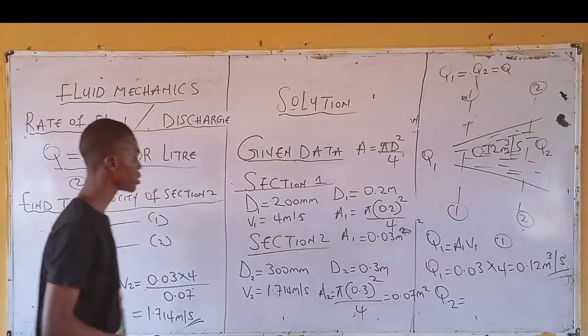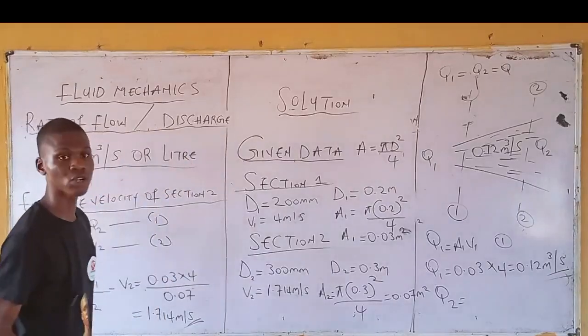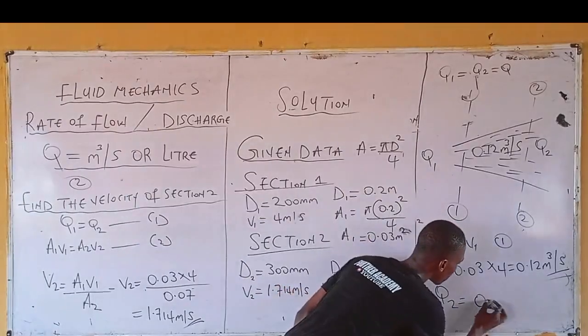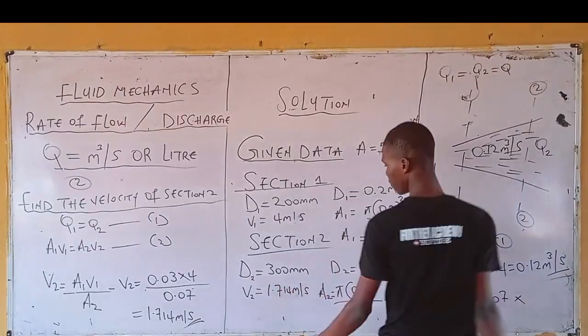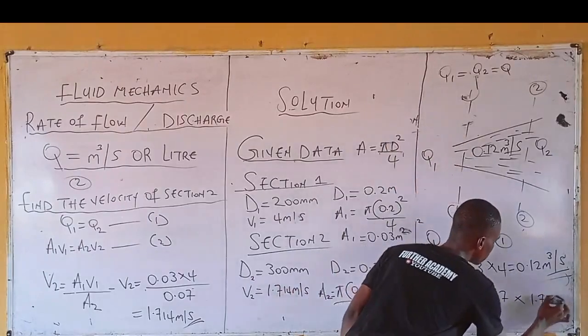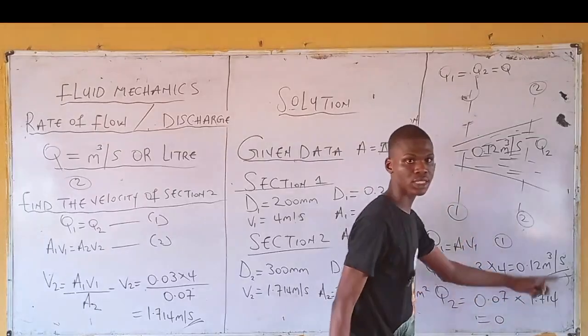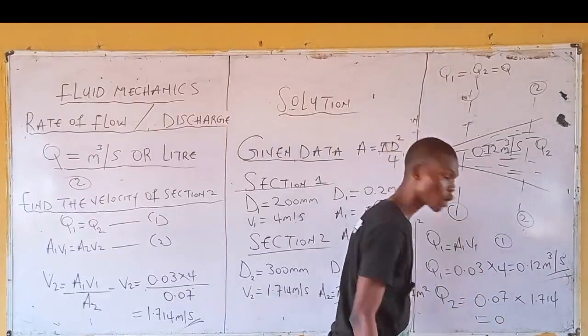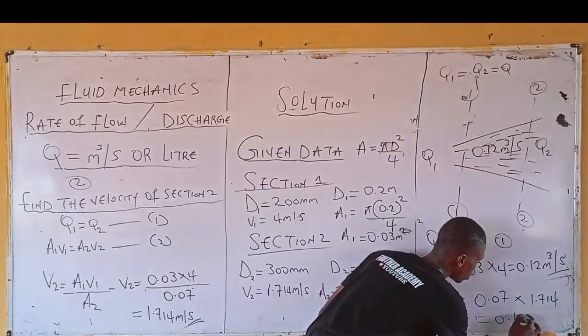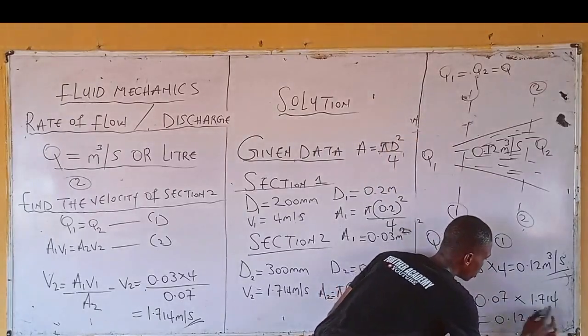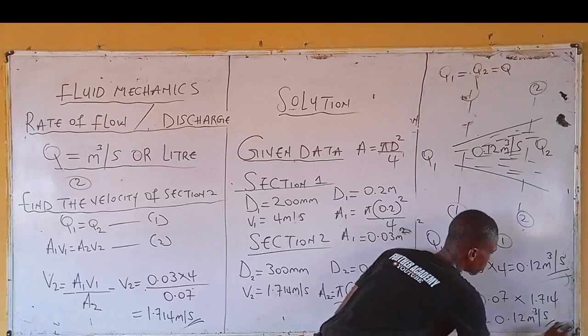The area is what? 0.07, meaning 0.07 multiplied by the velocity, 1.714. What's the answer? You must get this. 0.12 meter cube per second.